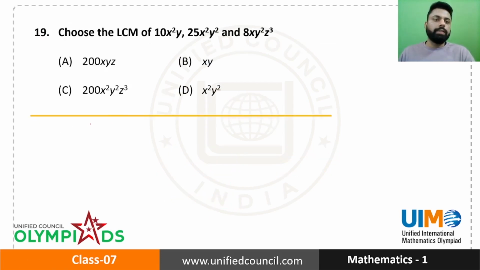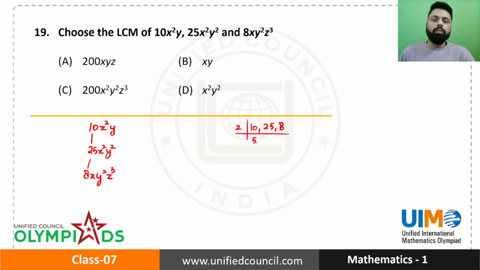Choose the LCM of these. This is 10x square, 25x square y square, 8x square y, 8x y square z cube. So first of all, let's find out the LCM of 8, 25 and 10.